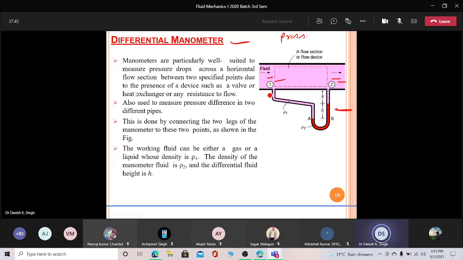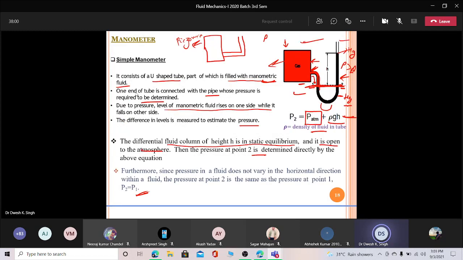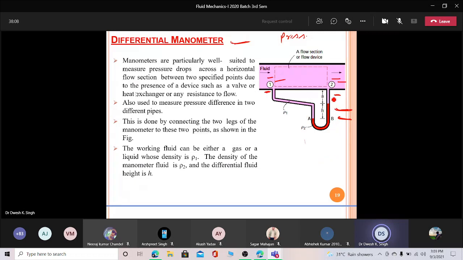So obviously, at the two different points, there is some difference in the pressure. And now you are willing to find out this pressure difference. What is the difference between the pressure at this point and this point? For this, we use the manometer. In the simple manometer, one end was open. Instead of leaving one end open, it is connected to the other point.